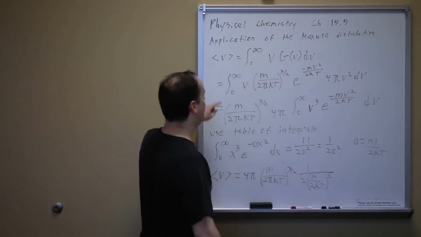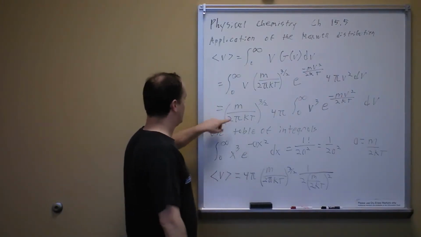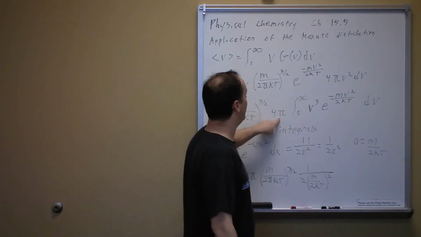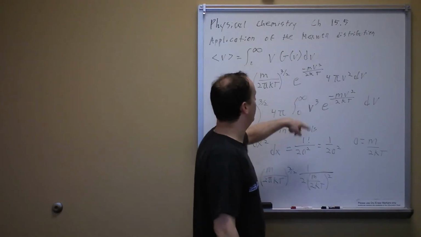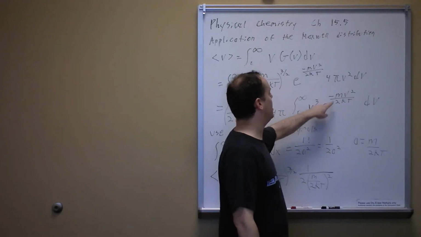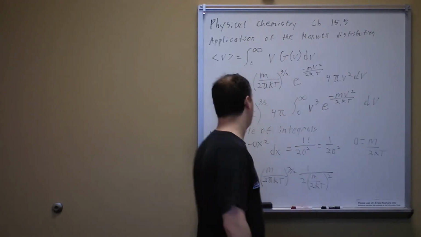That's just speed again. So we're going to pull out the constants now to evaluate this integral. The m over 2 pi kT to the 3/2, that's constant, it comes out. The 4 pi, that's constant, it comes out. So that just gives us the integral from 0 to infinity of v cubed times e to the minus m v squared over 2kT dv.